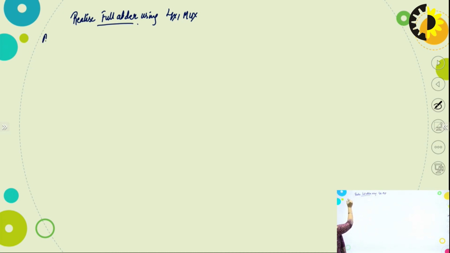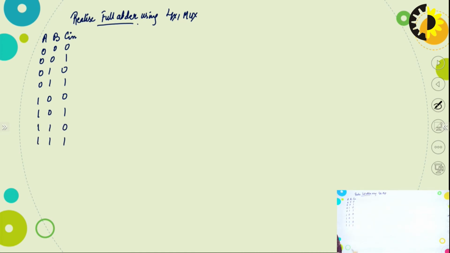We have A, B, C as 0, 0, 0; 0, 0, 1; 0, 1, 0; 0, 1, 1; 1, 0, 0; 1, 0, 1; 1, 1, 0; 1, 1, 1. With the help of these 3 variables, we are going to have 8 combinations. Outputs will be sum and carry. I'll explain only for the sum terms, and carry you can try yourself.